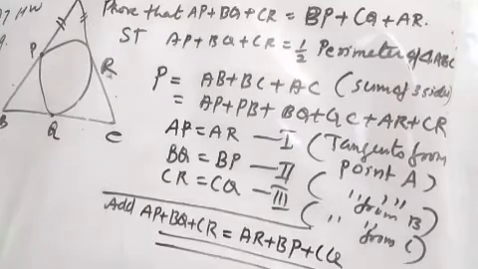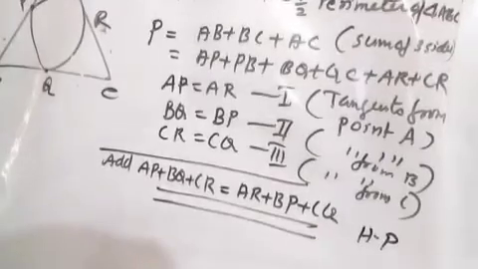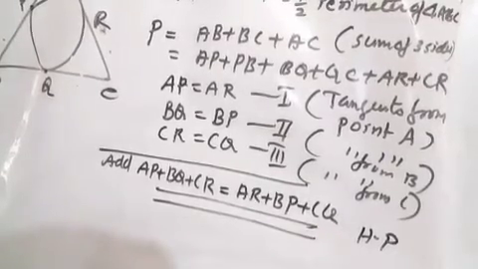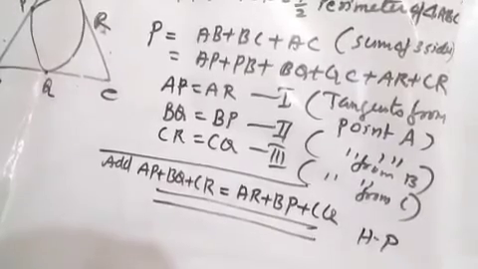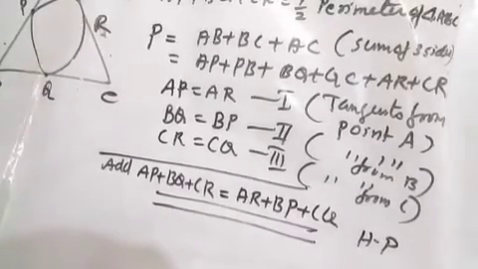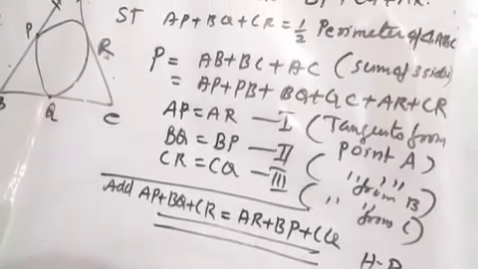Hence we proved the first part. Understood? Very easy. Just take the tangents. Length of the tangents from a common point is always equal and add all the 3 equations to obtain the first proof. Now, what about the second one?